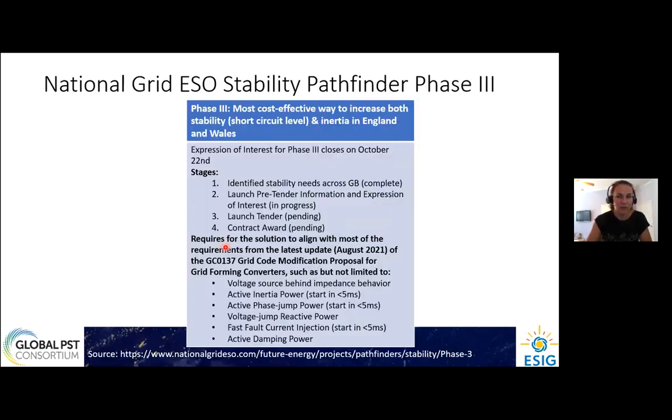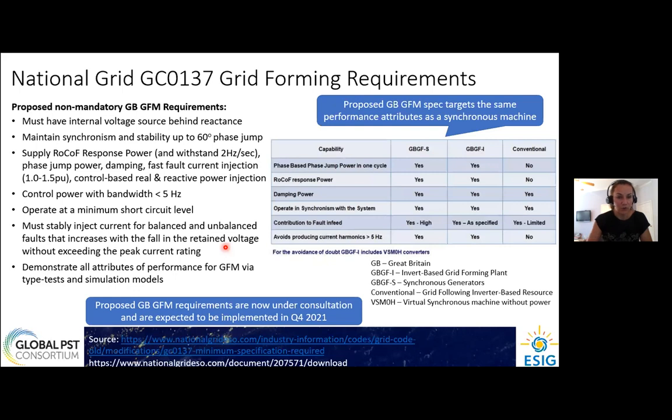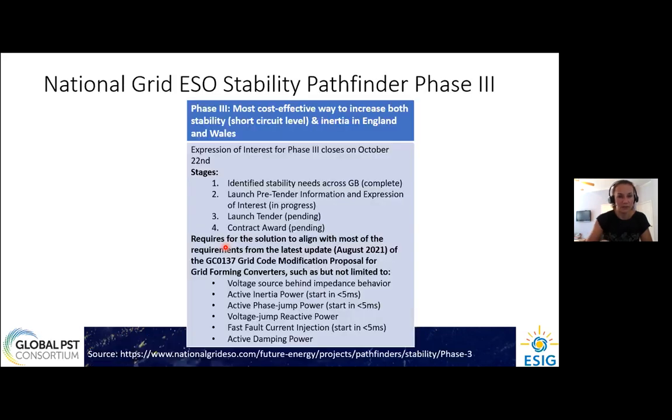And you can, I guess, say that this is the way to incentivize this non-mandatory capability through this phase 3 of Stability Pathfinder. So basically this grid code requirement is going to be non-mandatory, and they were going to come up with a market product that will incentivize it. But I think this phase 3 is kind of the first step in that direction.